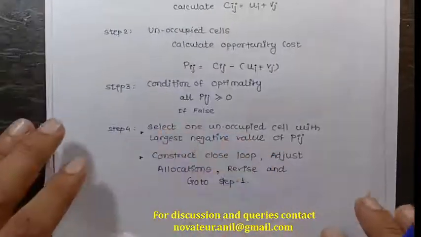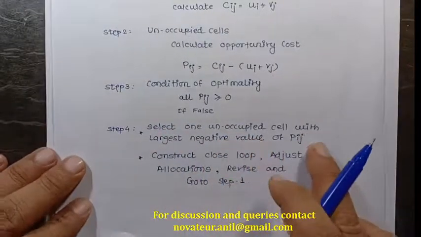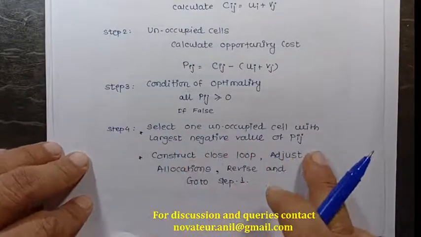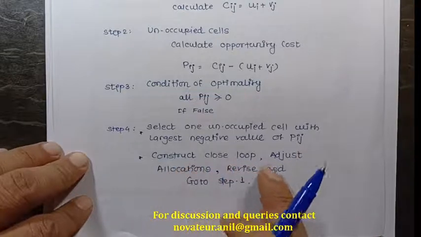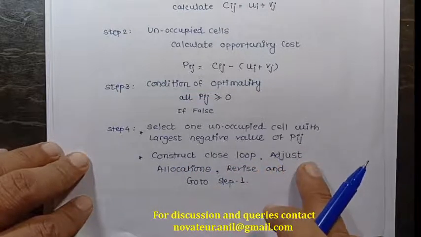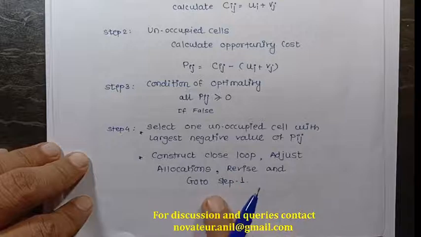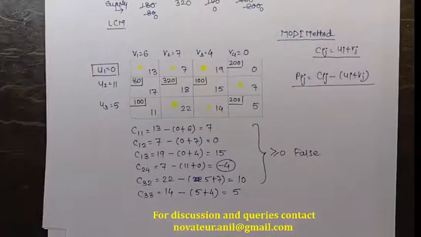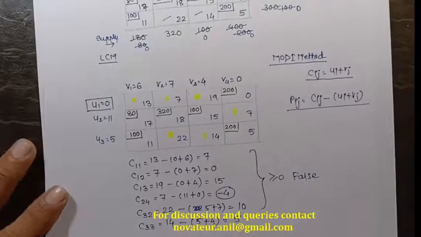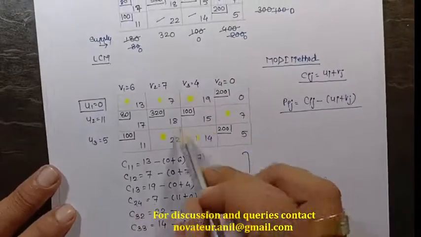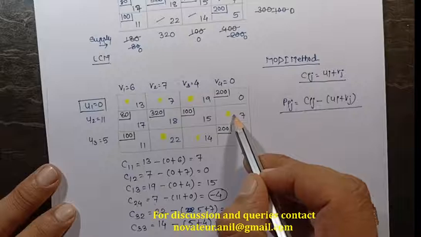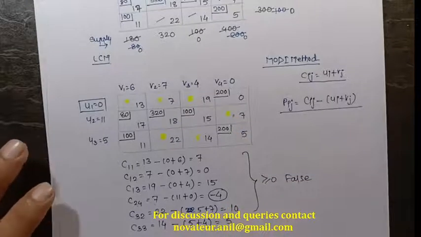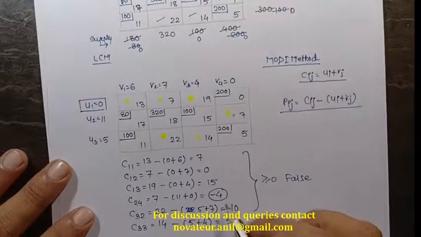So what we have to do is select an unoccupied cell with the largest negative value in Pij, construct a closed loop, adjust allocations and revise, and again go back to step 1. So here we got a cell C24, this cell, which has the highest negative value, that is minus 4.